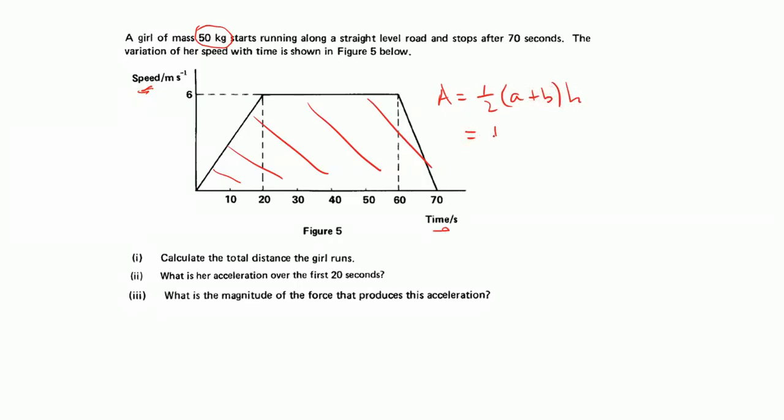which is equal to a half. Now the parallel sides here, in this case, one will be from here to here, which is 70, plus the distance between here and here, which will be 60 minus 20, which is 40, multiplied by height, and the height in this case would be here, which is equal to 6.